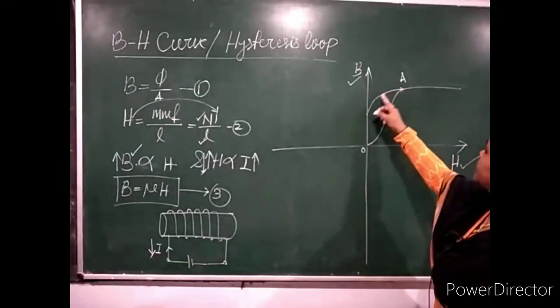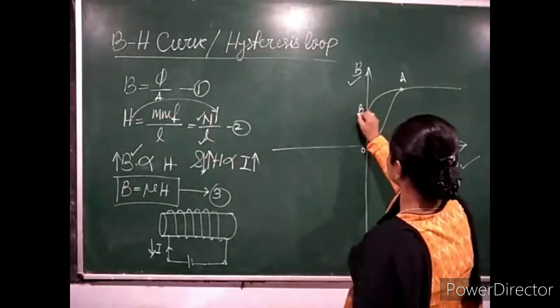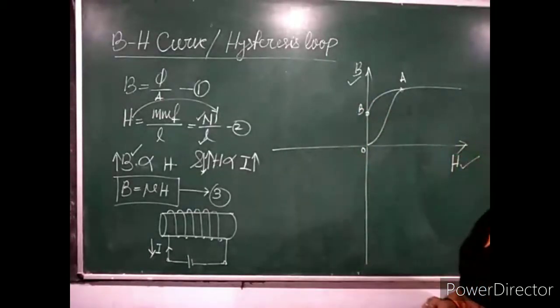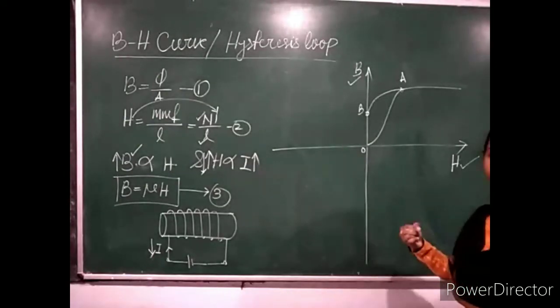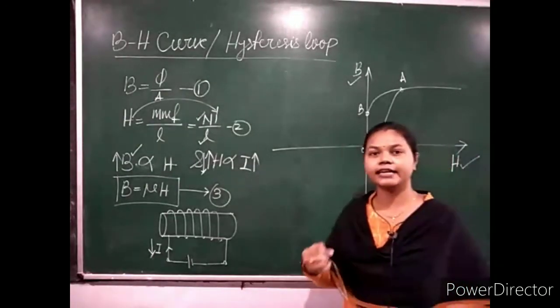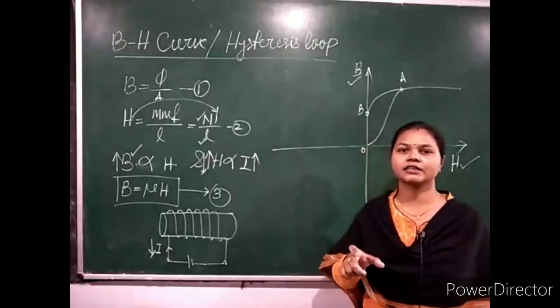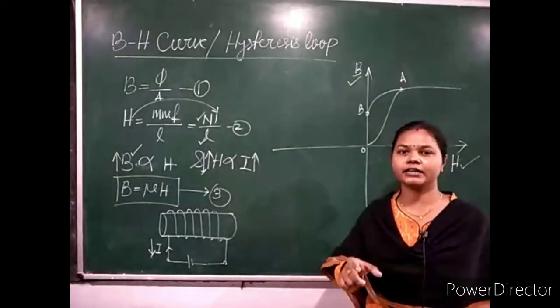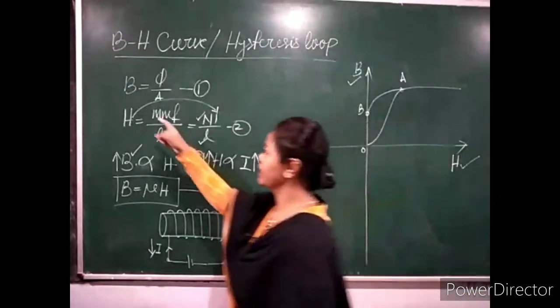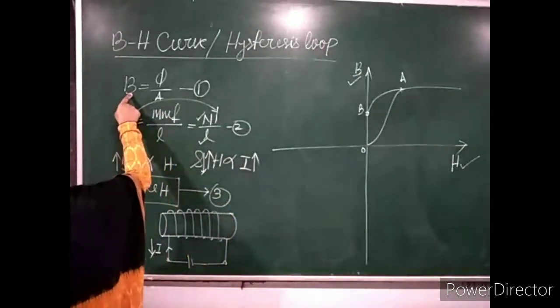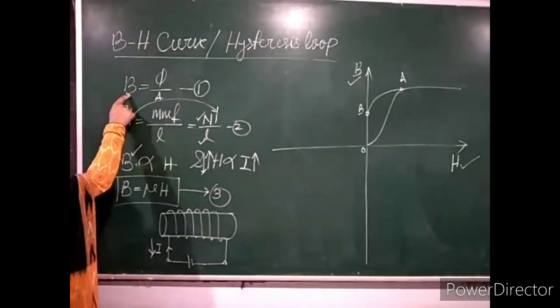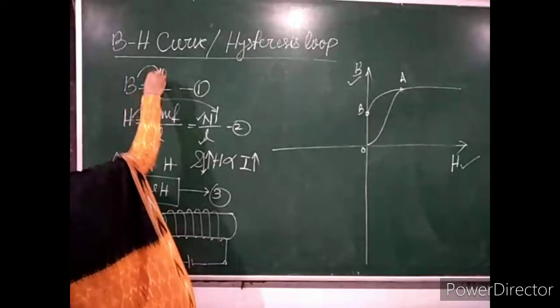In this way it decreases. Let this point be B. It is due to the fact that even if you decrease the current, there is still some flux present which carries magnetic flux density, because you know that flux density is directly proportional to the flux.